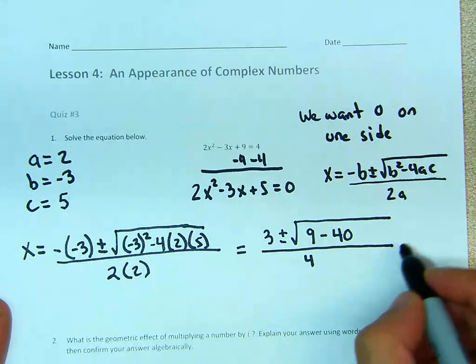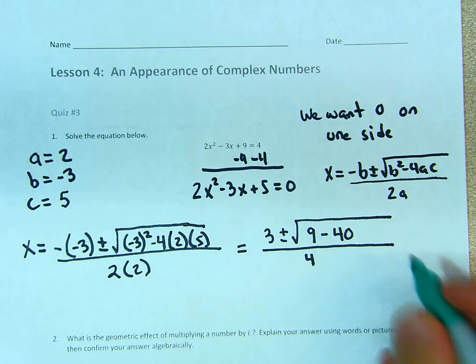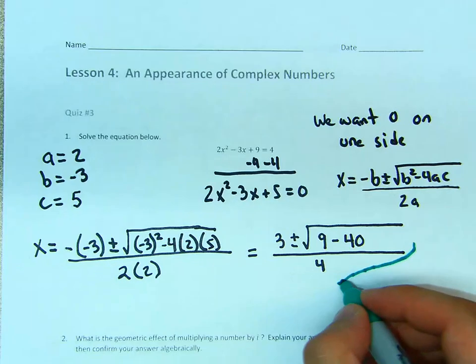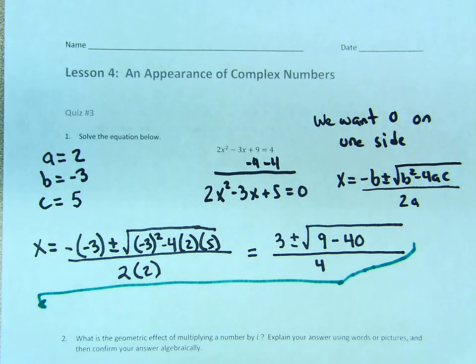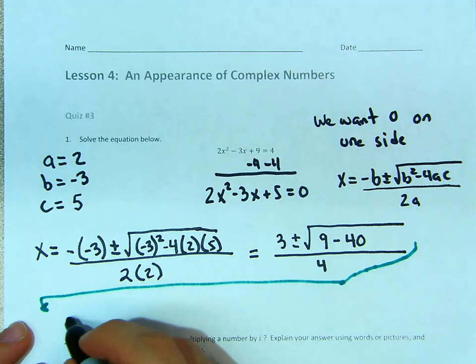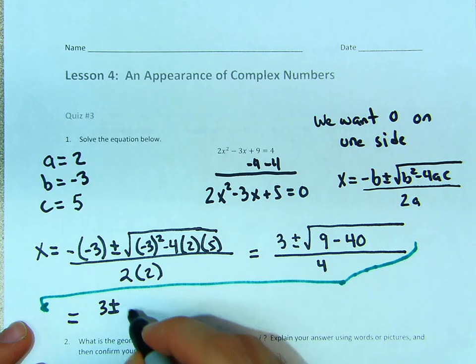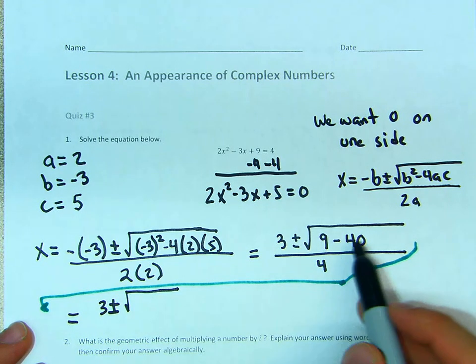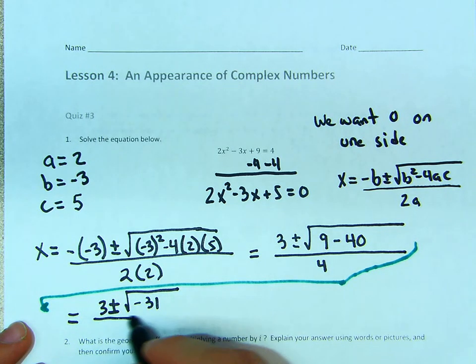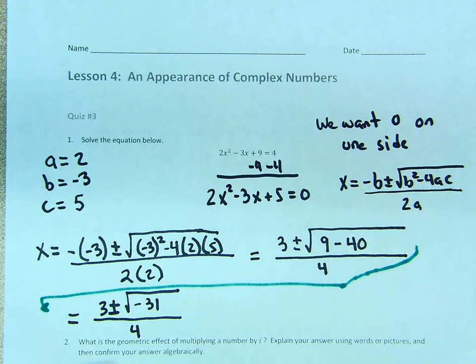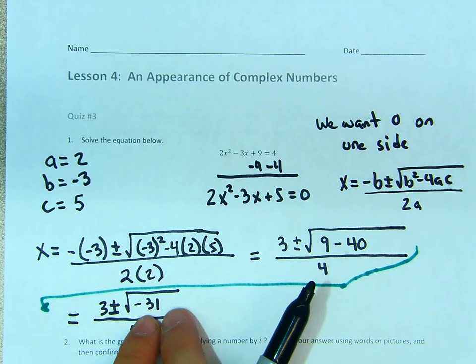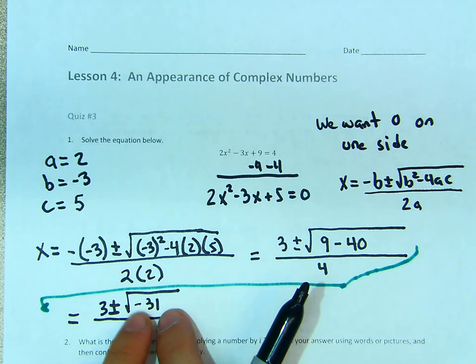But then that's equal to, let's just bring a little arrow over here, okay? But that's equal to 3 plus or minus the square root of 9 minus 40, which is negative 31, over 4. Okay? Now here, we can't have a negative on the inside of a radical.